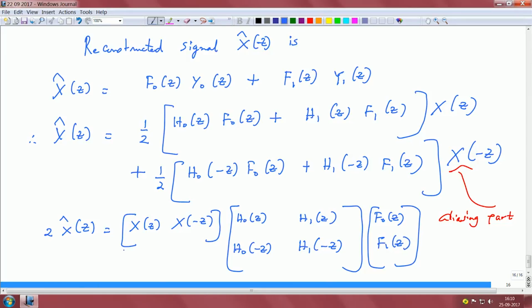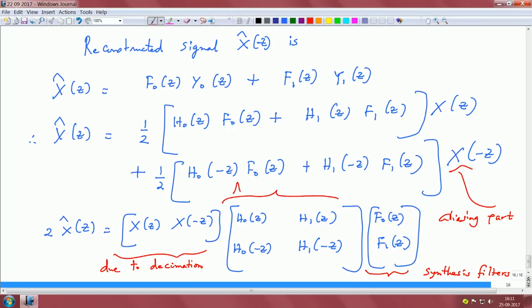And why does this appear? This is due to decimation, right. Decimation causes aliasing, and these are our synthesis filters. And this matrix is called the alias component matrix, or it is also called the AC matrix.